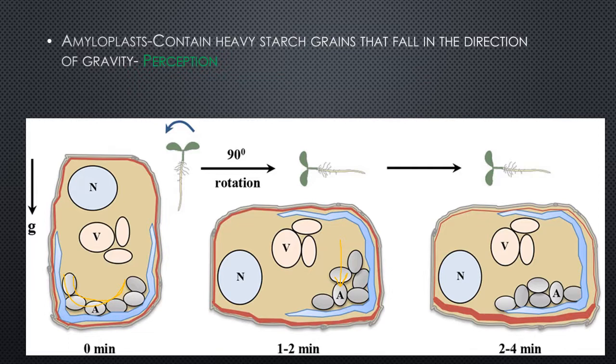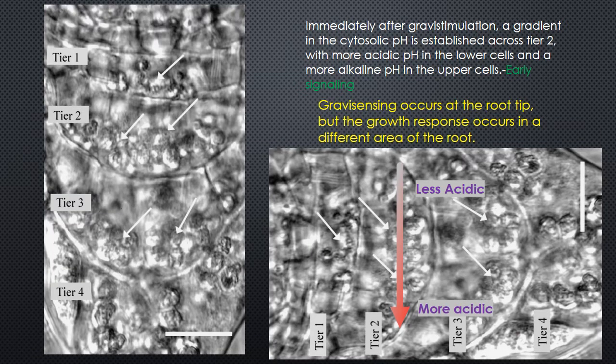By 2 to 3 minutes, they've settled out, and now the plant knows this side is down, and it will begin to allow the roots to grow down. So the amyloplast settling tends to be part of the perception of gravity.